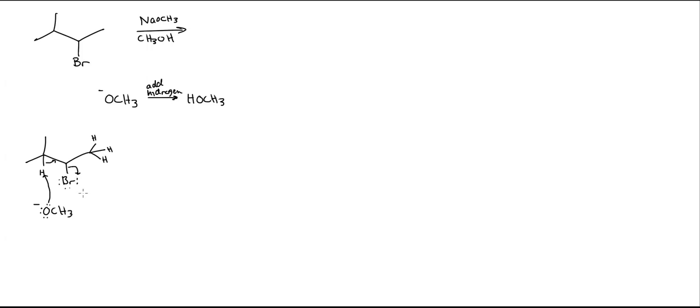So bromine is going to leave and get rid of that extra bond, so that way I don't have 5 bonds anymore, right? So now I'm going to form my product, which again, this is just a 1-step reaction, right? So it's very quick. So I make a double bond there. And then I also get CH3OH. I get a protonated methoxide, which is just methanol. And then I also get my leaving group bromine, or Br minus, right?